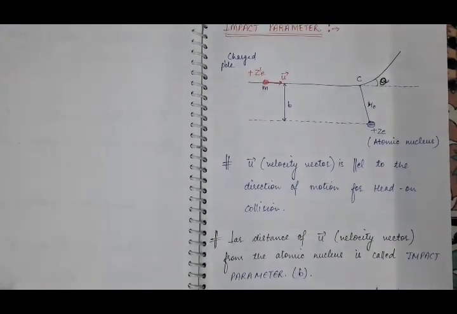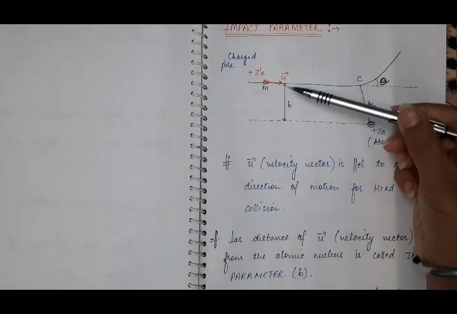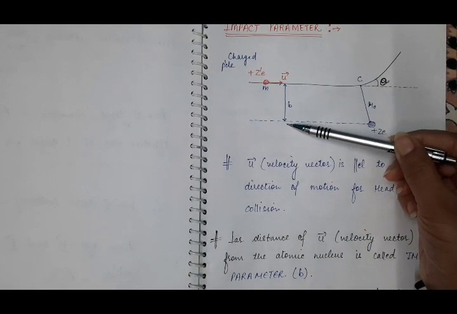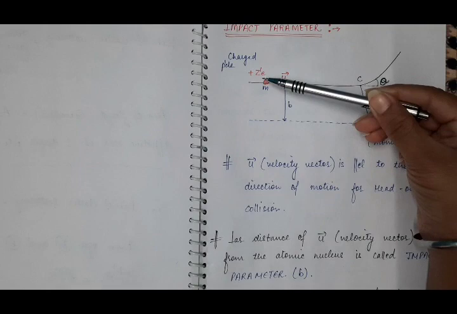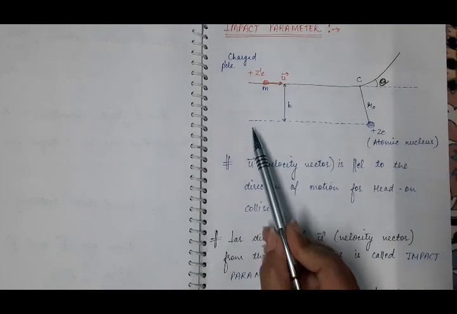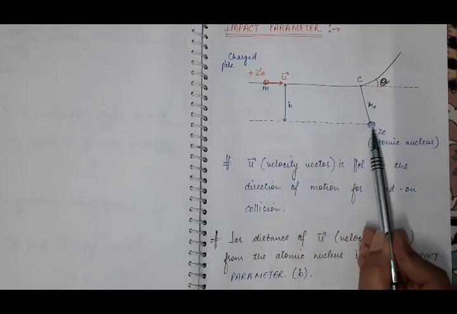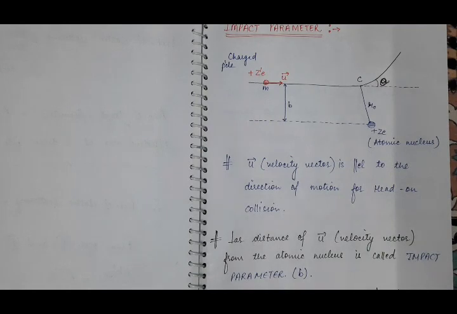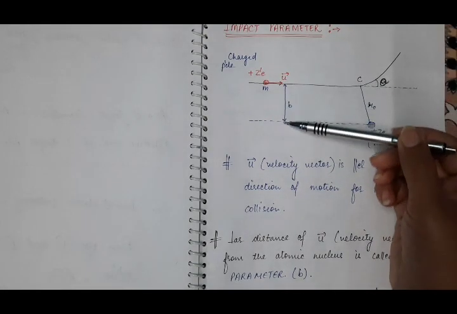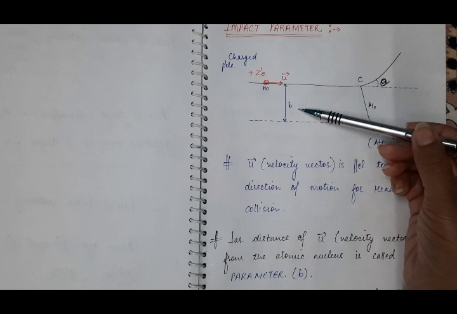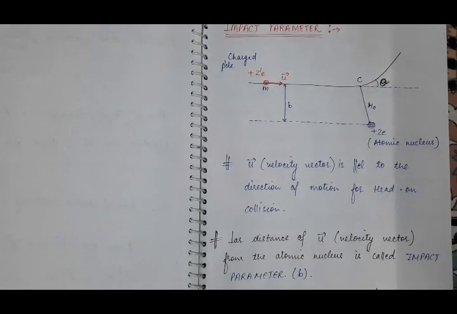It is the perpendicular distance of the velocity vector u of the charged particle from the atomic nucleus, and it is denoted by B.